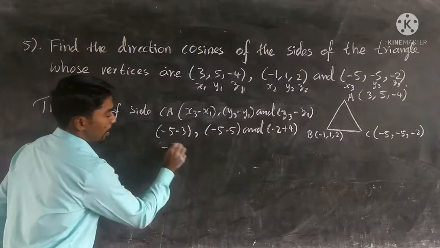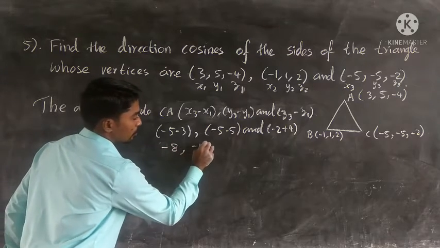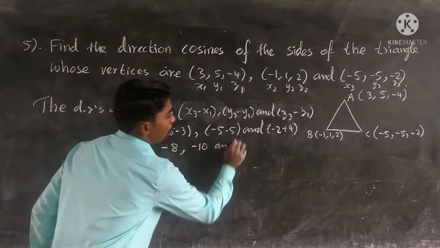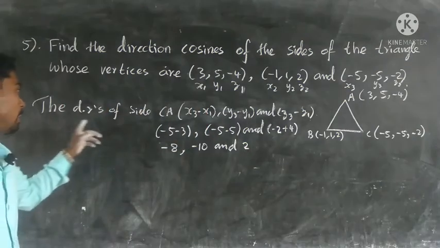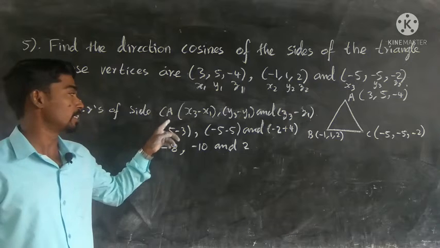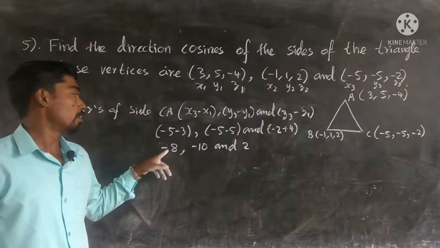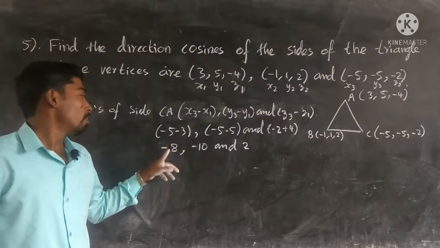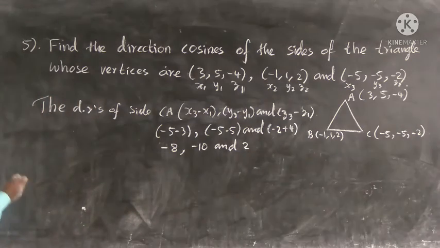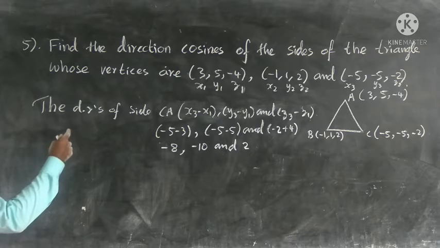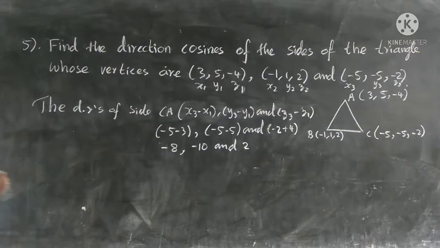We will get -8, -10 and plus 2. Therefore, the direction ratios of the side CA are -8, -10 and 2. Now we are going to find the direction cosines of the side CA.